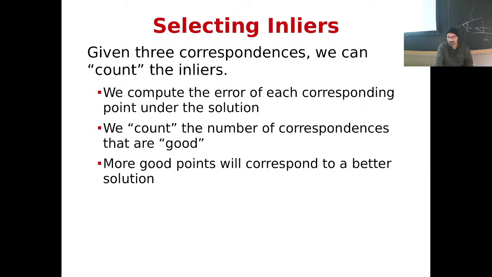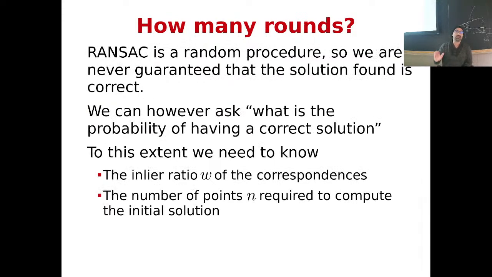And okay, then we have a solution. We have a certain number of inliers, and we repeat it, and we repeat it, and we repeat it. And at every point in time, we pick the solution that has the most inliers. Another question that we might ask is how many rounds do we need in order to find a solution with reasonable probability? Clearly, there's no number of trials that guarantees it.